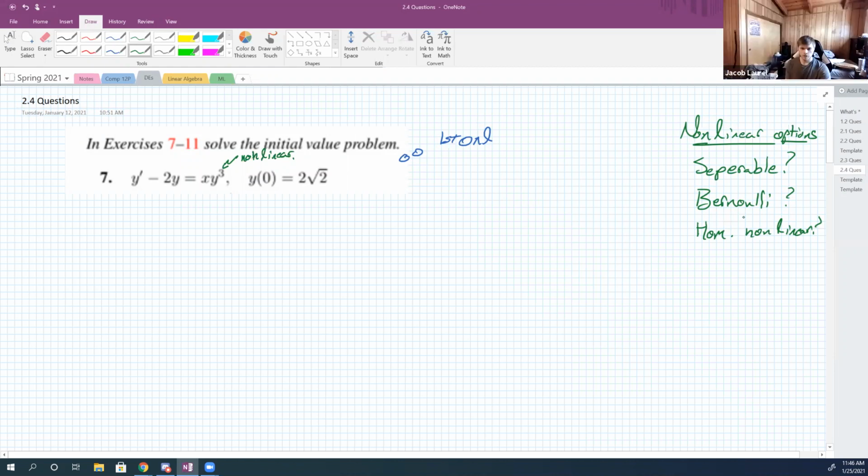The Bernoulli and homogeneous nonlinear. Yep, perfect. So at this point, I'm like, okay, it's a first order nonlinear ordinary differential equation. Okay, so now I have these three options for those things. I don't see that this is separable.